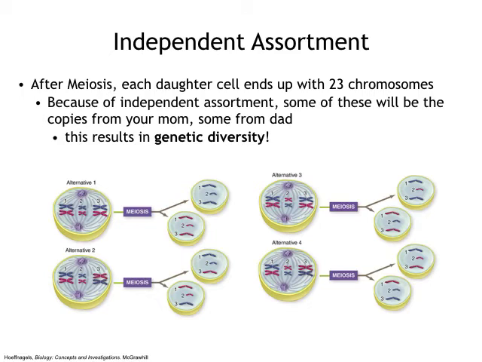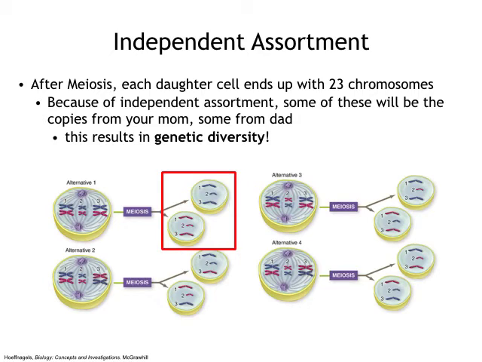Essentially, you have two sets of encyclopedias, and you're going to create cells that only have one set. So you basically shuffle those two sets and then split them in half. Each cell gets an assorted mix of the encyclopedias you inherited from your mom and the ones you inherited from your dad.